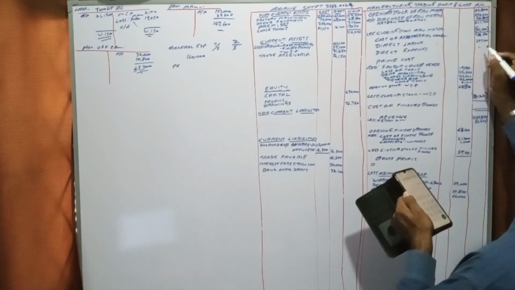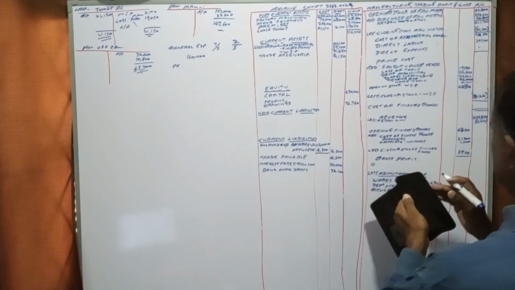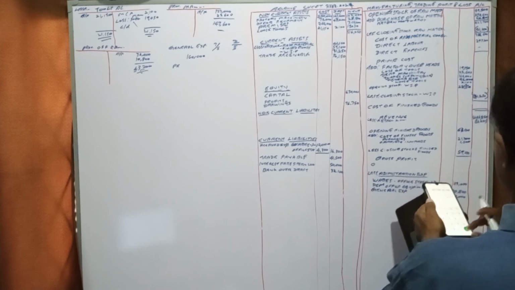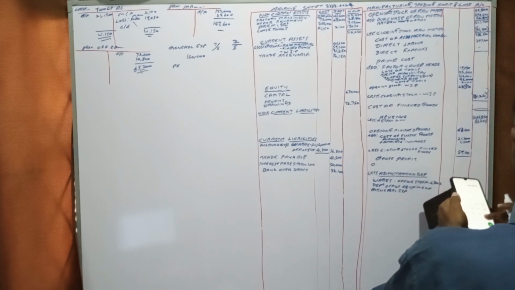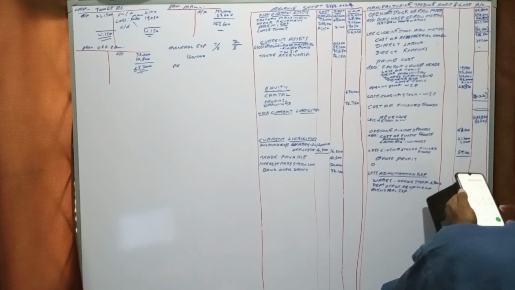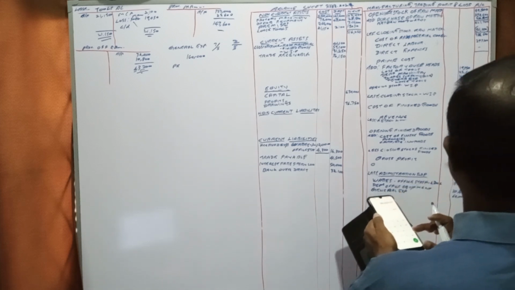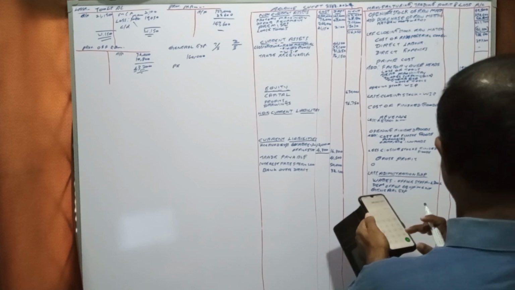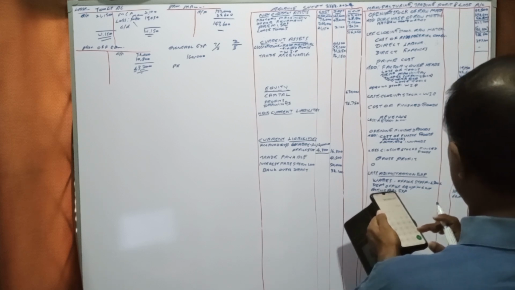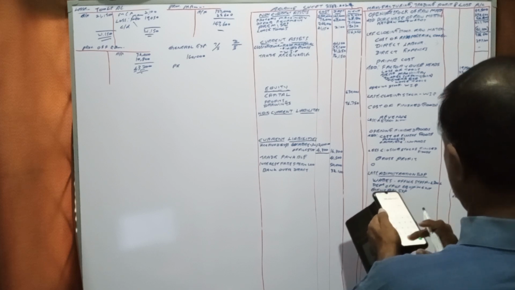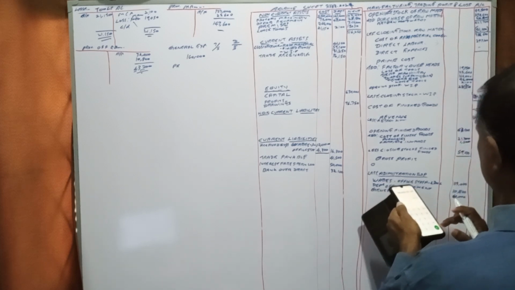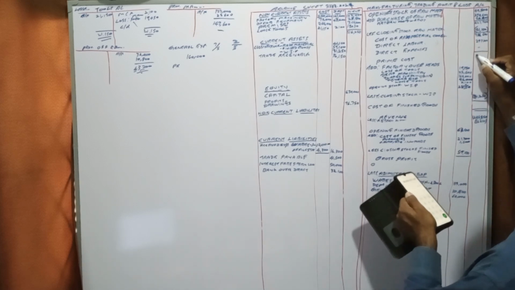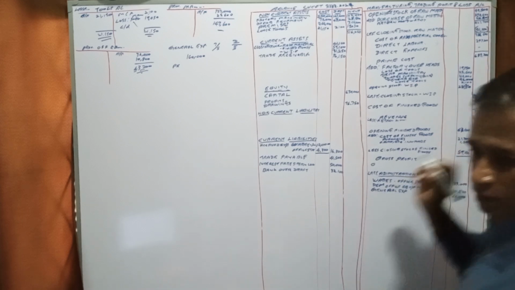Direct labor plus 297,000, then prime cost is 683,700, right?